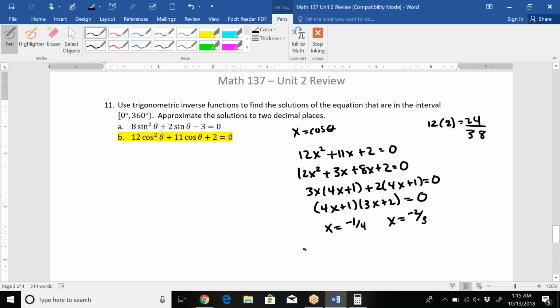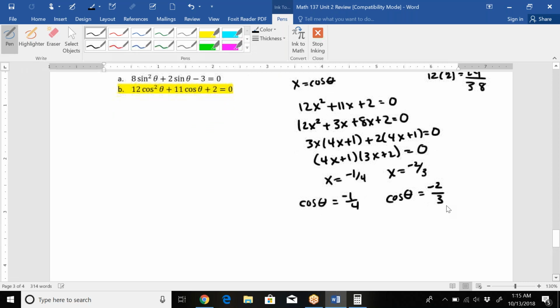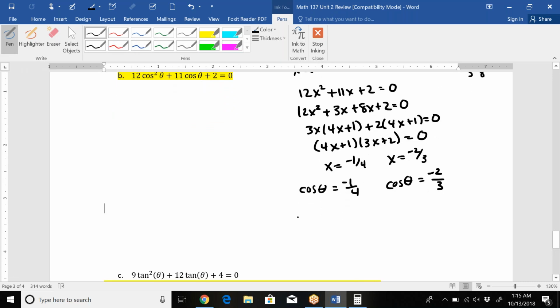But remember, x was cosine. So here's where we get the problem where we need answers that are not going to be on the unit circle, which means we're going to use decimal approximations. So there is no -1/4 or -2/3 on the unit circle for cosine. So we have to do the inverse cosine as long as this is between -1 and 1, which they both are.